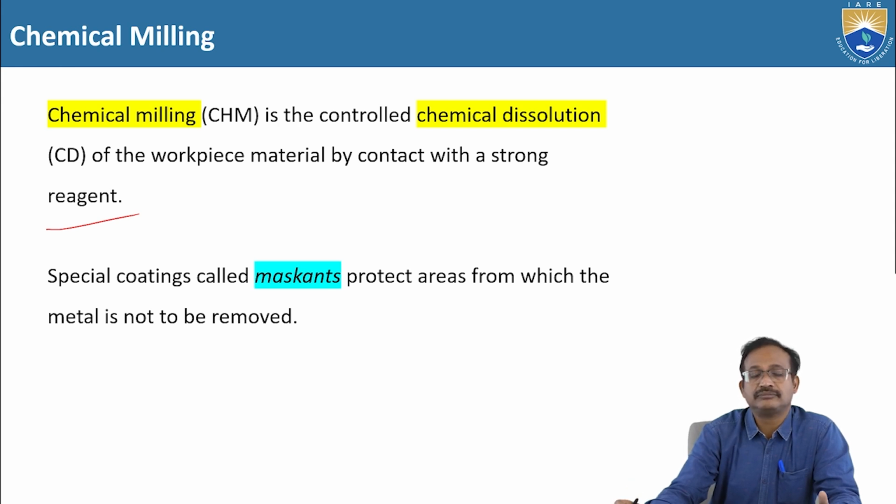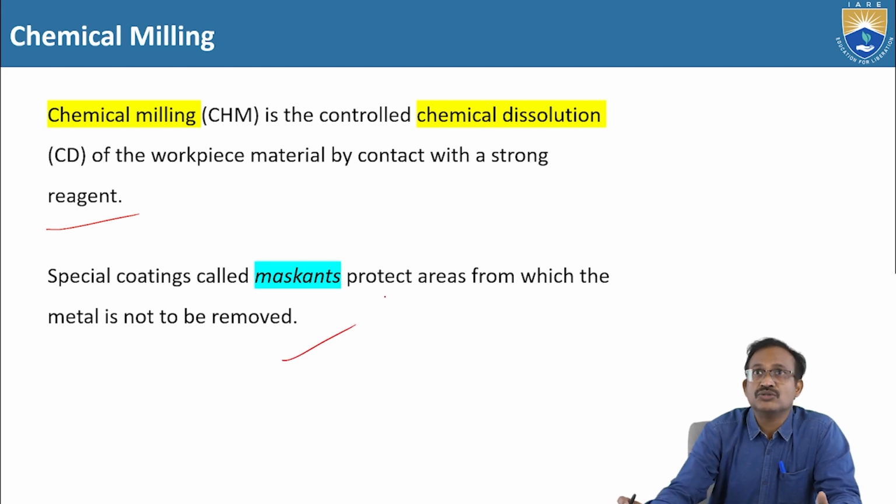Special coatings called maskants protect areas from which the metal is not to be removed.